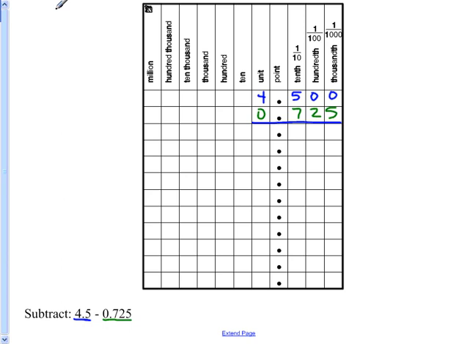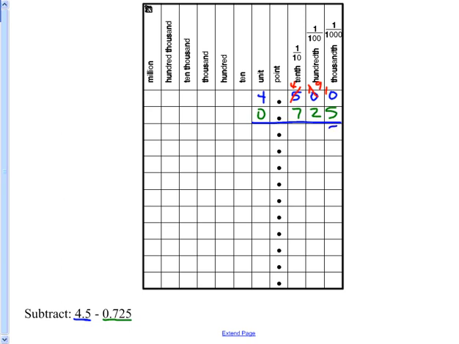So I'm going to have to get some hundredths from the tenths. So I'm going to change this, and that's going to become 4 tenths, and that'll give me 10 hundredths. But I'm going to borrow from there, so that's not going to be 10 hundredths anymore. It's going to be 9 hundredths, and this is going to be 10 thousandths. So now I can subtract that.